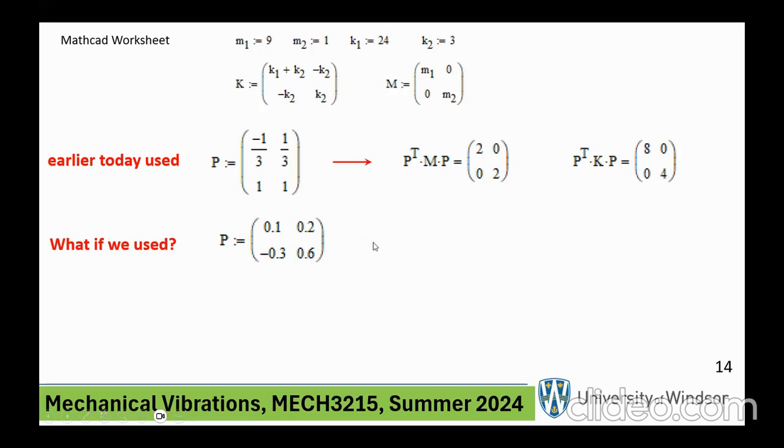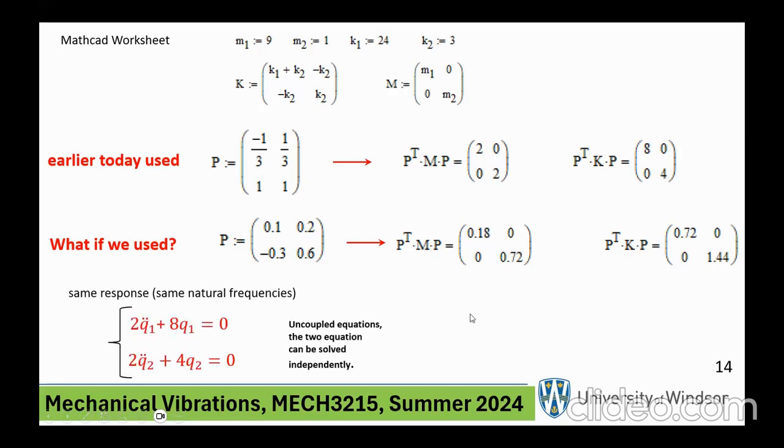The point is that, what if I use a different modal matrix? Well, work it out. The numbers are going to be different. But one thing you realize is that 8 over 2 is 4. 0.72 over 0.18 is 4. 4 over 2 is the same as 1.44 over 0.72. The point is that the decoupled equations look like that for the top one.